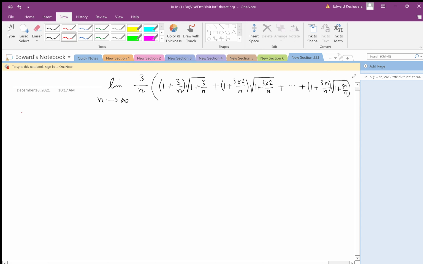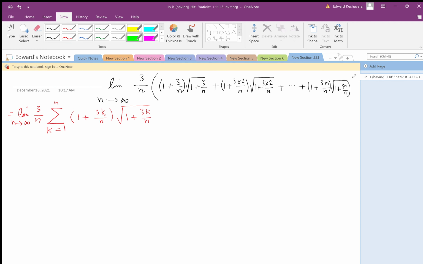So first thing, we try to change this to sigma notation. So it's going to be limit 3 over n sigma 1 plus 3k over n, square root of 1 plus 3k over n, k equals 1 to n, as n goes to infinity.